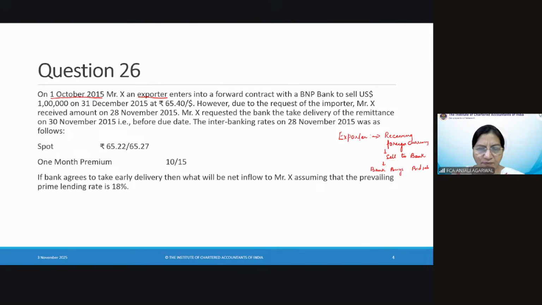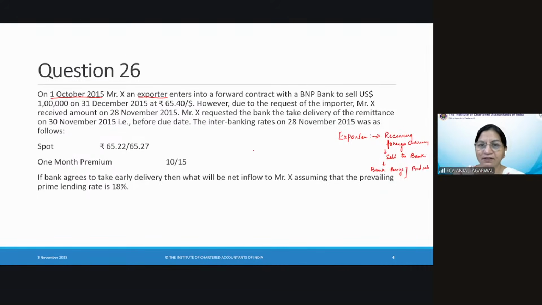In case of an exporter, the bank buys the foreign currency, so the bid rate is applicable. If this contract is cancelled, the bank bought, so to cancel it, it has to be sold. The reverse position has to be taken. So the bank purchases and sells, or the exporter sells and purchases.